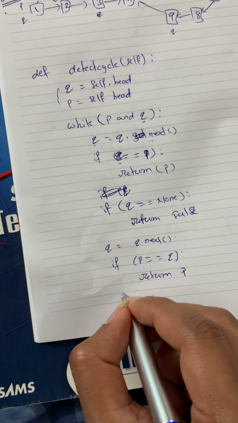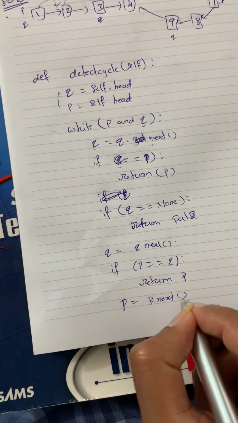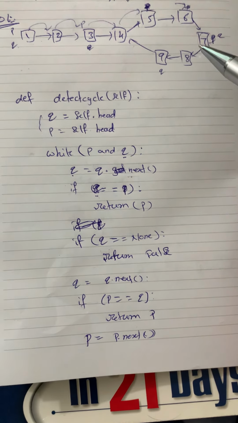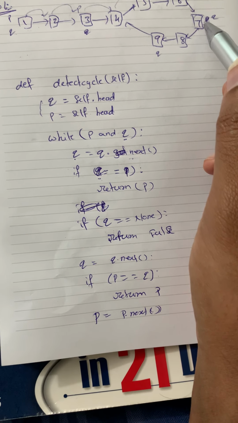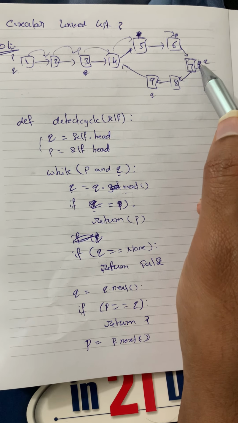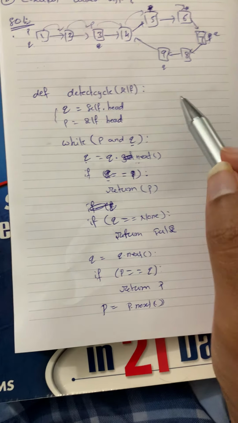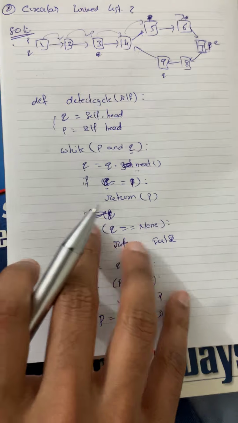Else we increment p equal to p dot next. So this is how, if it is a circular linked list, we get the meeting point of both p and q. If this is not a circular linked list, we just return false here.